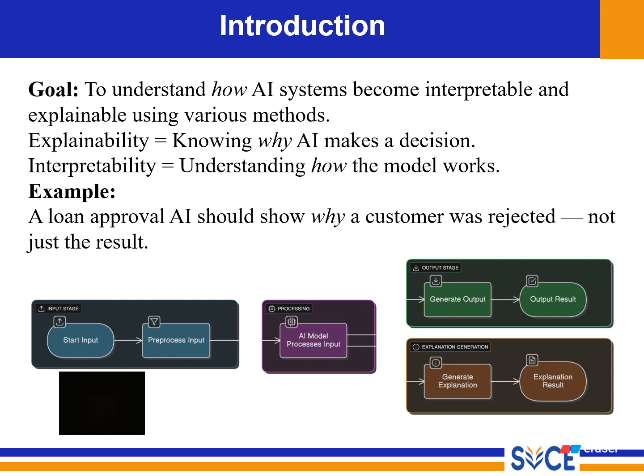If an AI says the student will fail the exam, interpretability means it used attendance, marks, and assignments. Explainability means it says, because the attendance was only 40%. So XAI is basically teaching machines to explain their reasoning to us, like a student explaining their homework.